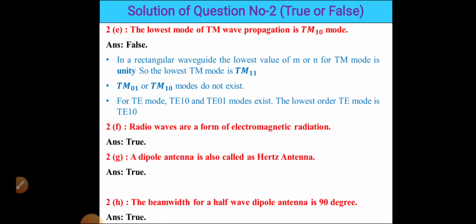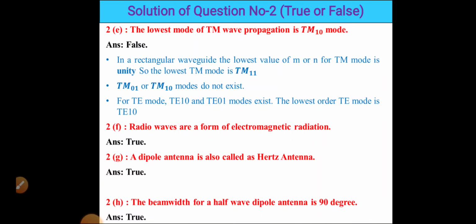So this statement is false. And for TE mode, TE10 and TE01 modes exist. So the lowest order in TE mode is TE10. Radio waves are a form of electromagnetic radiation. This statement is also true.